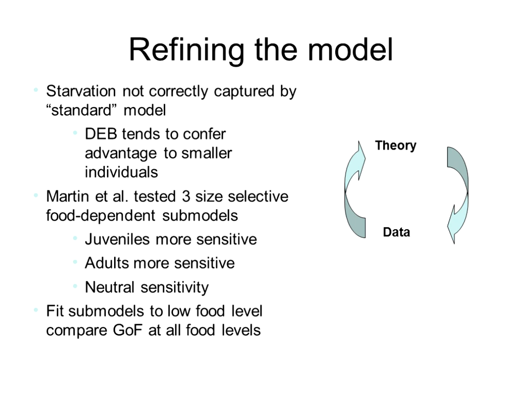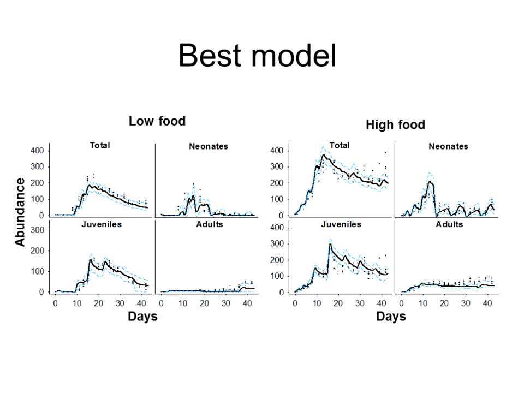So the next step in the work was to try to characterize and parameterize the response to low food. And when that was done and added into the model, the data and model come together like that.